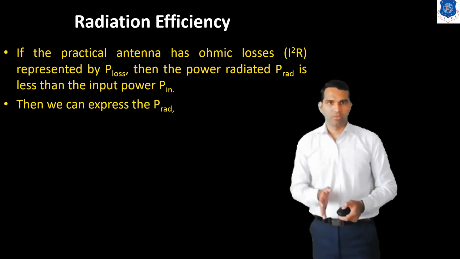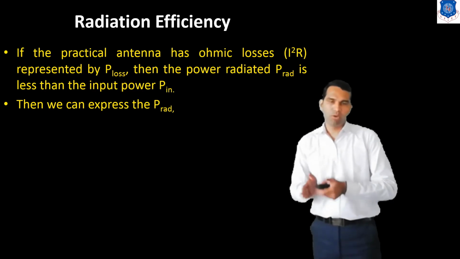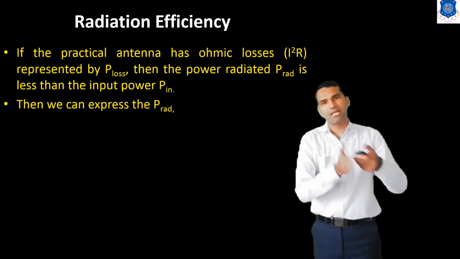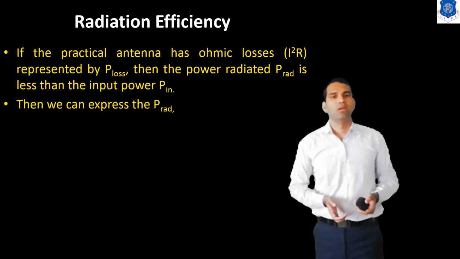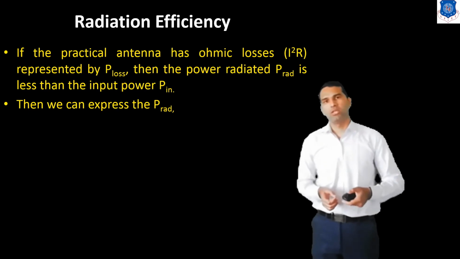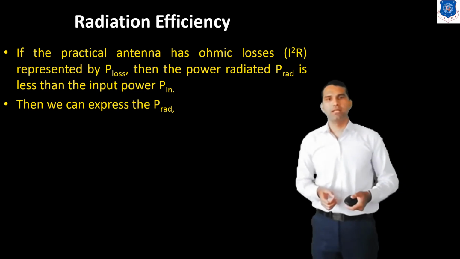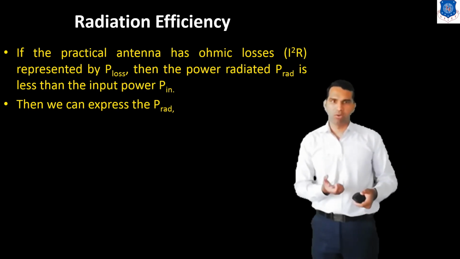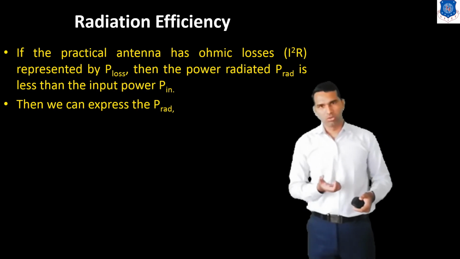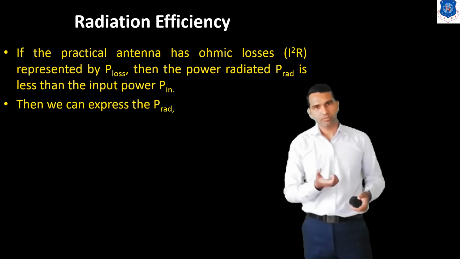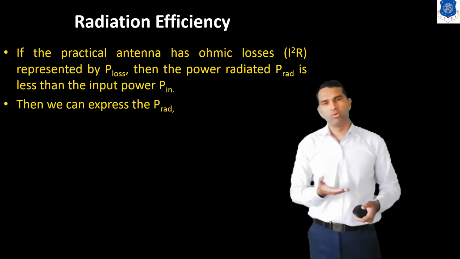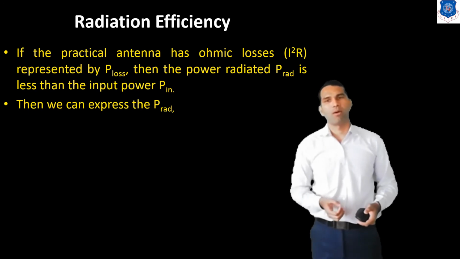We know that when we give the input power, we do not get exactly that amount of power. That means if we give 10 dB power as an input, in the output we do not get the exact 10 dB. There is some loss due to the ohmic loss, so we do not get the exact amount of the power.